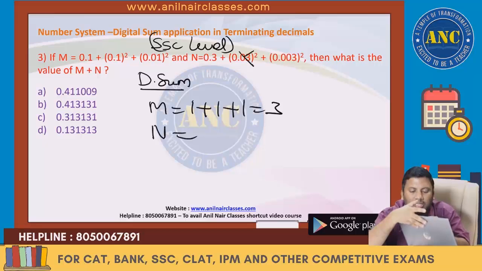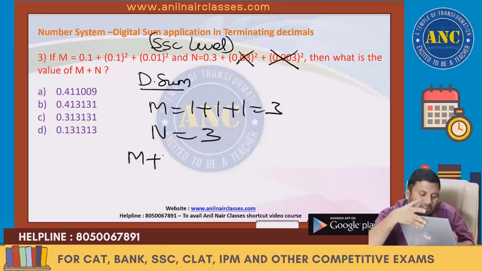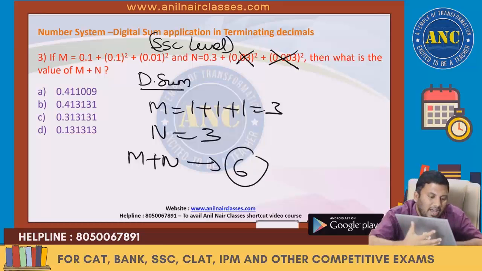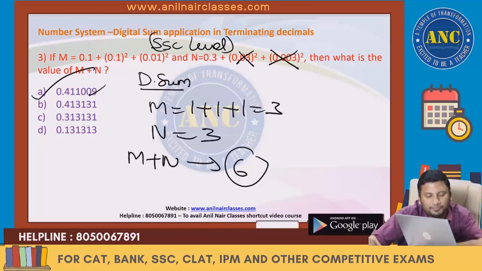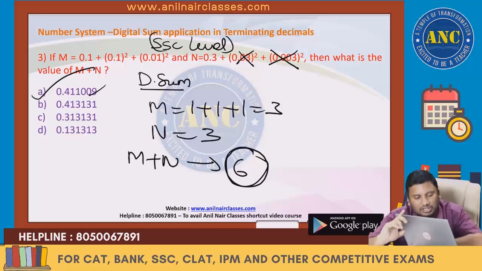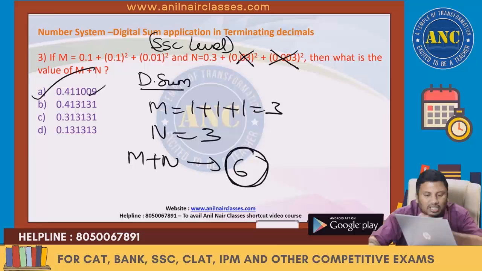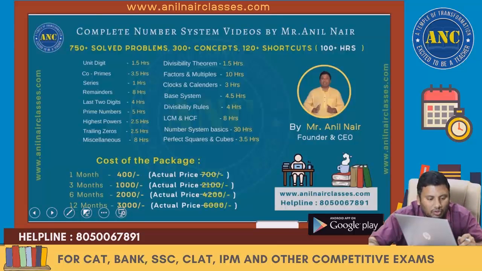N is 3, these 9s eliminated. M plus N is 3 plus 3, 6. Answer option 1. Are you all with me? 4 plus 1, answer is 6. I hope it is clear. Just by looking at the question itself, you got the logic. Idea clear?